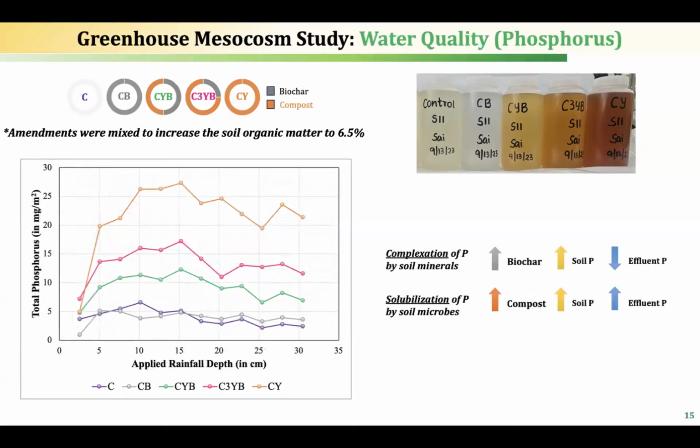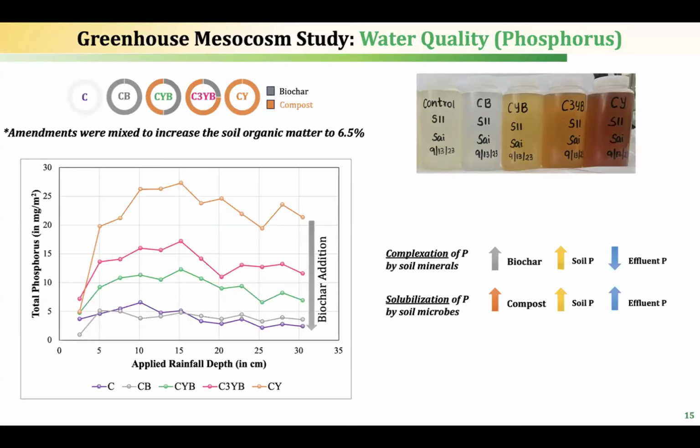The story kind of remained consistent even with the phosphorus nutrient. Amending the soil with biochar had a positive effect in that less phosphorus leached out of the soil, whereas the yard waste compost amendment contributed to a higher release of phosphorus. However, in the phosphorus discussion, it is important to note that both biochar and compost increase the soil phosphorus content, yet biochar contributed to lower P losses due to the retention of the nutrient in the pore spaces of biochar and also by the soil minerals.